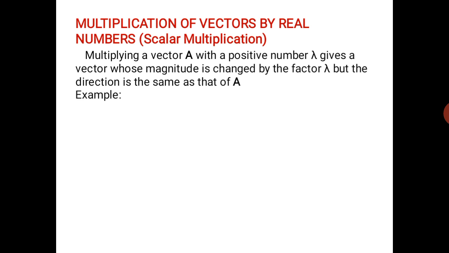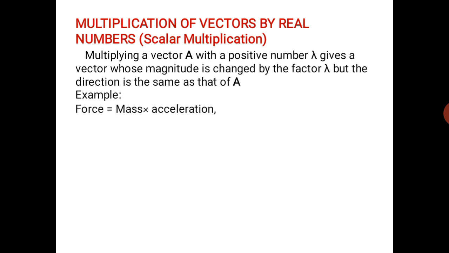See, for example, all of you know the relation force equals mass into acceleration. Here force is a vector quantity, mass is a scalar quantity, and acceleration is a vector quantity. Suppose the mass is 2 kg and the acceleration is 3 meter per second square along the x direction.